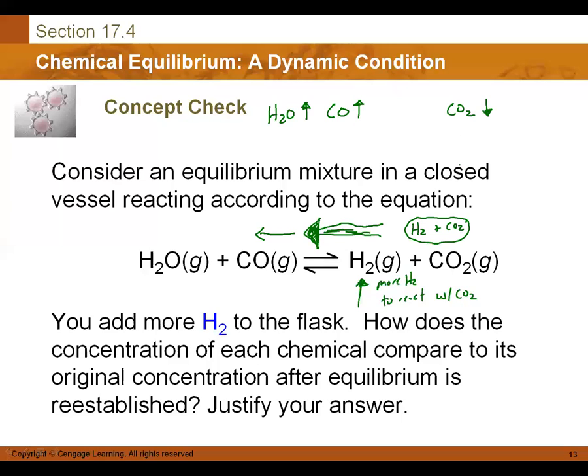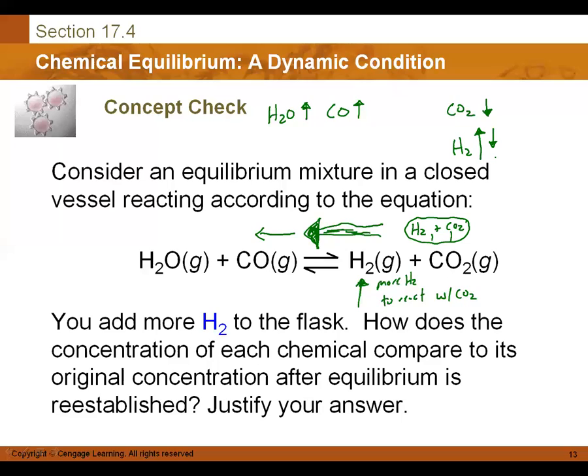And then in terms of the H2, much like what we just talked about with the H2O, because you added it, you would initially, right off the bat, see an increase in it because you artificially added it. But then as these two start to react, you should see it come back down.